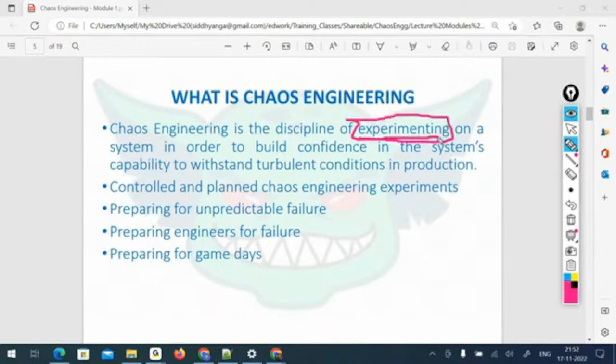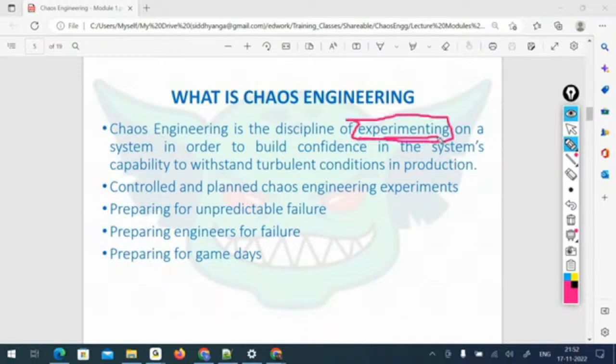But in chaos engineering, we are not worried about withstanding alone. What we are worried about is how well your system will recover also. It's good if our system is withstanding, but if it fails, it has to recover. Recovery is the first important objective of chaos engineering.